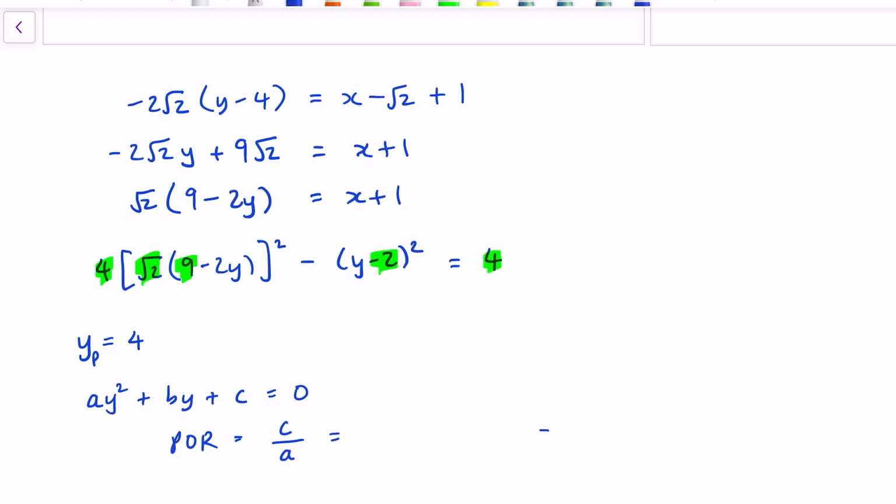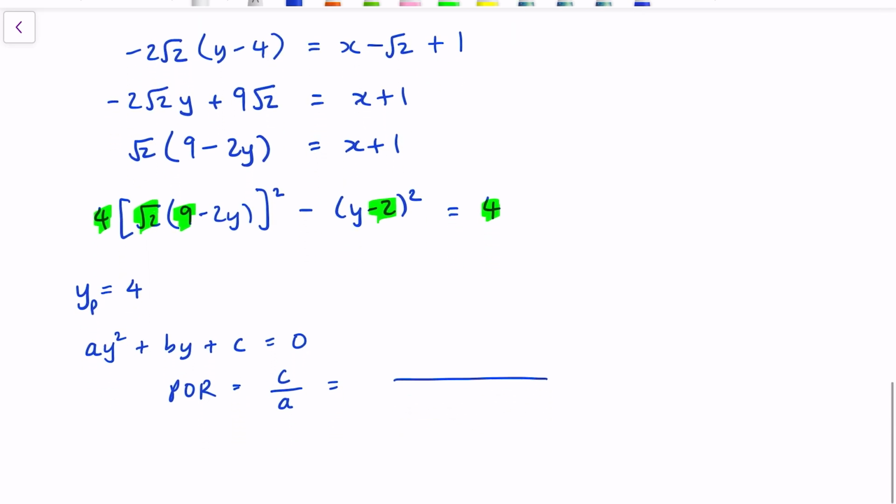Okay, so the constant term for this quadratic equation is 9 squared, 81, times root 2 squared, so 81 times 2, times 4. Then it's minus the negative 2 all squared from the second expression, so minus 4, and then it's minus another 4, the 4 moving to the left hand side. So that's the constant term.